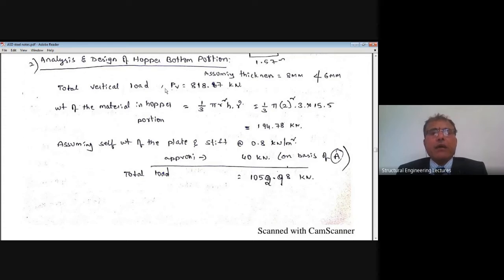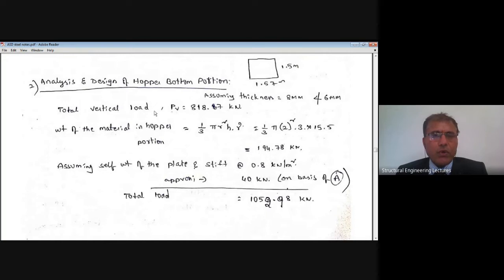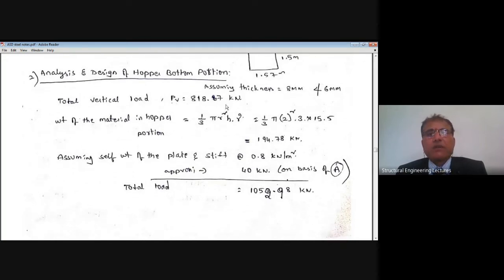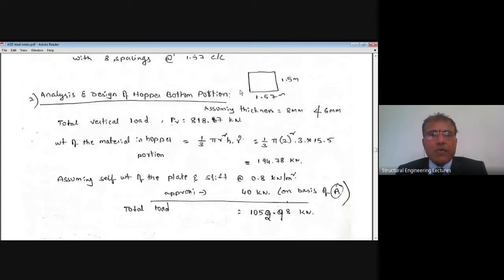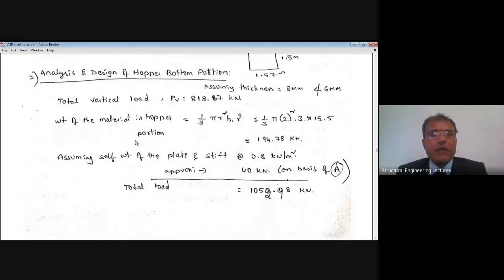Right? And we already have calculated the total vertical load due to the vertical pressure in the previous subheading as 818.67 kilonewton. Now I'll calculate the weight of the material in the conical hopper bottom portion, the frustum of cone, right?